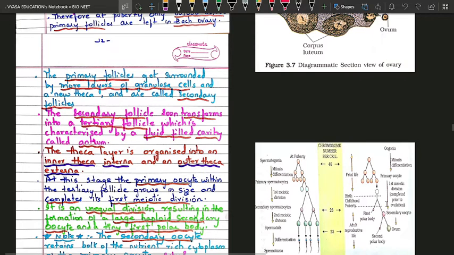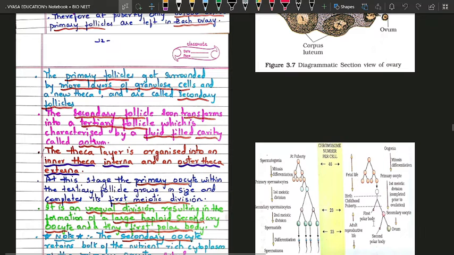You can see here, the large haploid secondary oocyte. You must remember all this. Which one is haploid? The large secondary oocyte is haploid, and the first polar body.